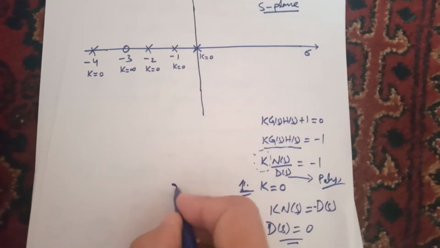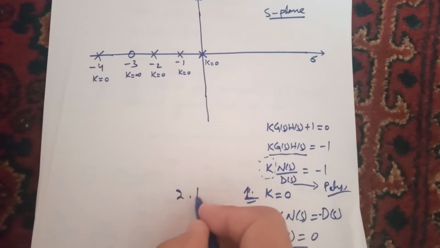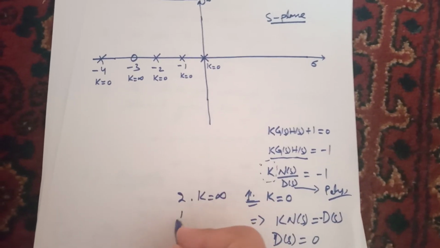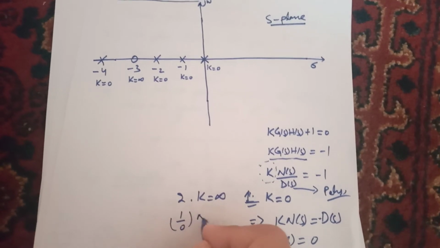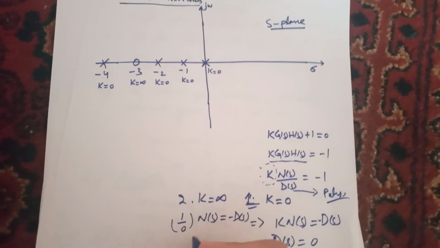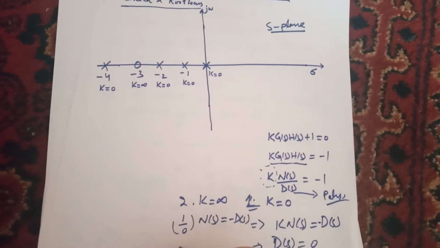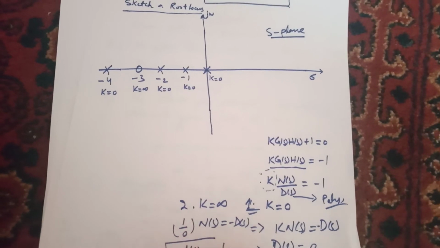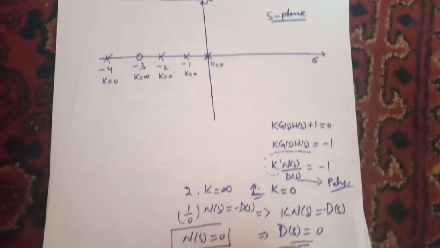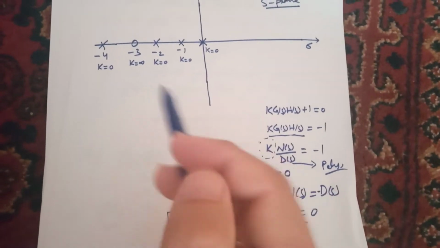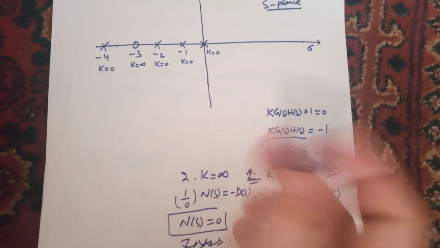Similarly, for the second case, k equal to infinity. Infinity can be written as 1 by 0, so 1 by 0 times n of s equals minus d of s. Do the cross multiplication, and it becomes n of s is equal to 0. This gives you the zeros. So this is the basic mathematics where we know these values, 0, infinity, and so on.